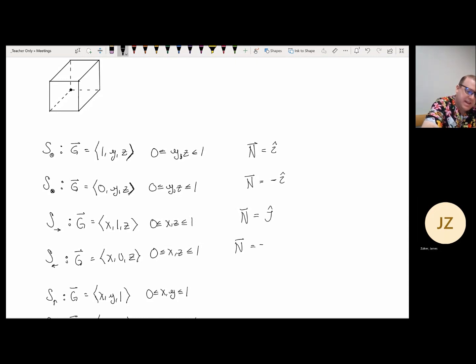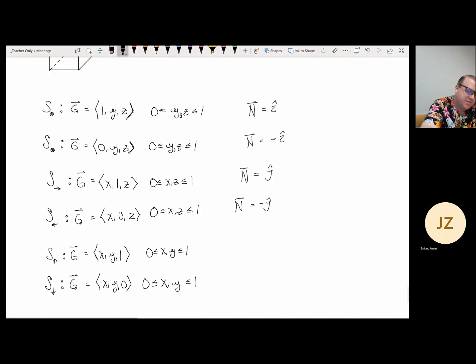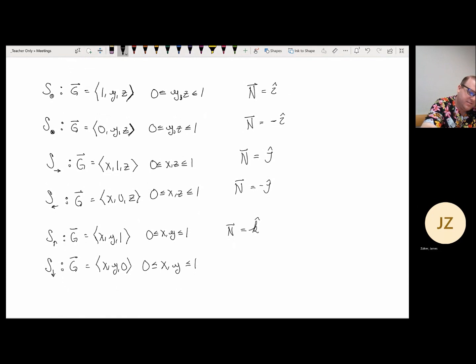And then the left facing would be negative j hat. Top facing is k hat. And the bottom facing would be negative k hat. There's the 6 parameterizations with their normal vectors.